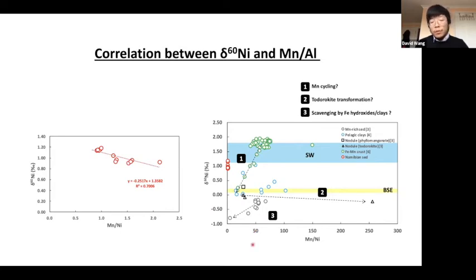But it still leaves room for this data set to be explained by the mineral transition from birnessite to todorokite, because from experiments, people suggest that during that mineral transformation, at least half of the nickel will be released back to the pore water, and it caused the negative correlation. However, in our preliminary XRD result done by my colleague Joyce, we didn't see a clear peak for birnessite.